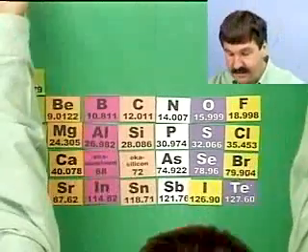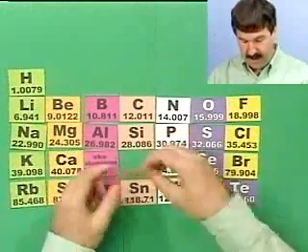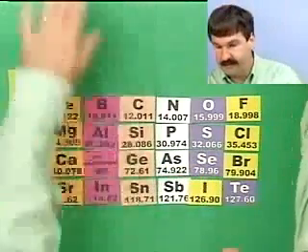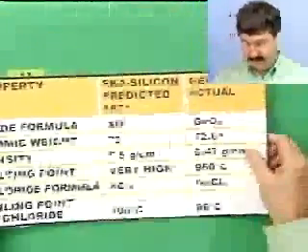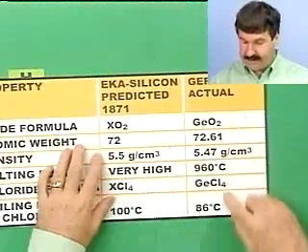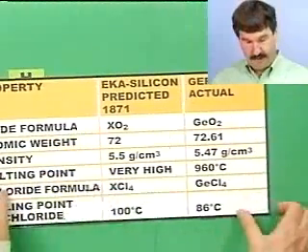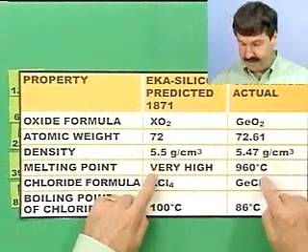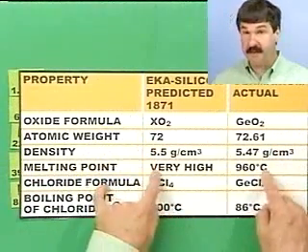So in fact, what now is known as germanium has properties very similar to those predicted by Mendeleev. You'll notice atomic weight, density, he predicted very close. He knew the melting point was very high.